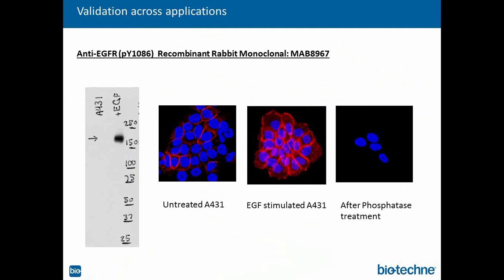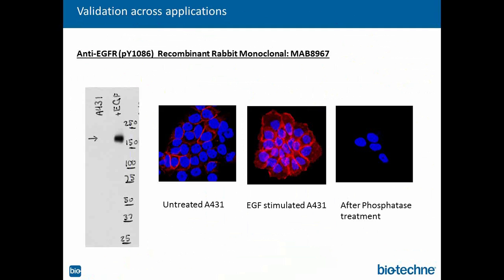So we took a step back and said, okay, we have a discrepancy between the Western and the ICC. It could be driven by pure sensitivity, a difference between the two methods. So we decided to phosphatase treat the stimulated A431s to see: is this basal level detection of phosphorylated EGFR, as is described in the literature, or is this actually detecting the non-phosphorylated EGFR to begin with?